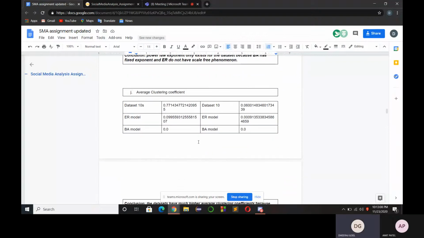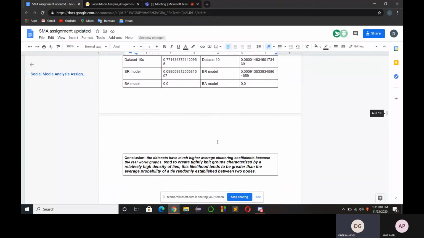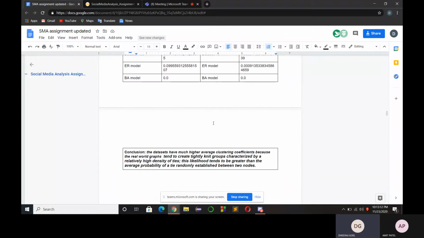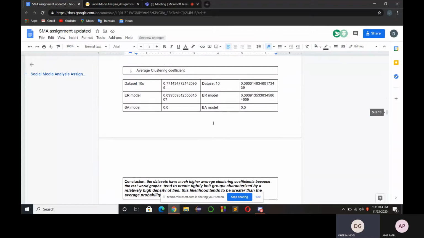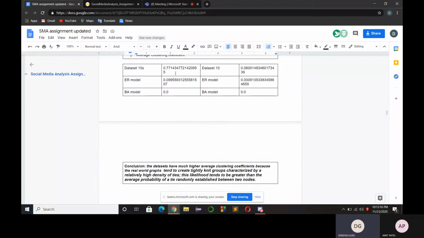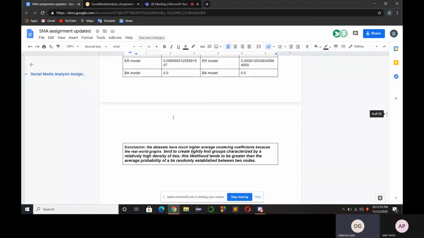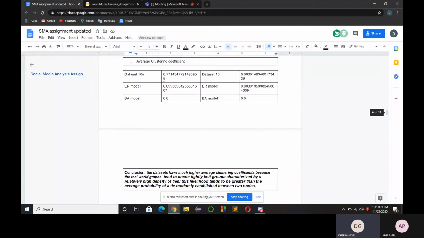Next is the average clustering coefficient. After the observation, we observed that the dataset has a much higher average clustering coefficient because real world graphs tend to create tightly knit groups.